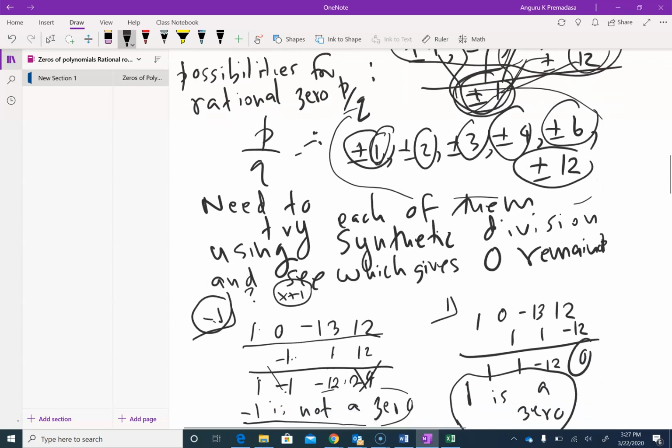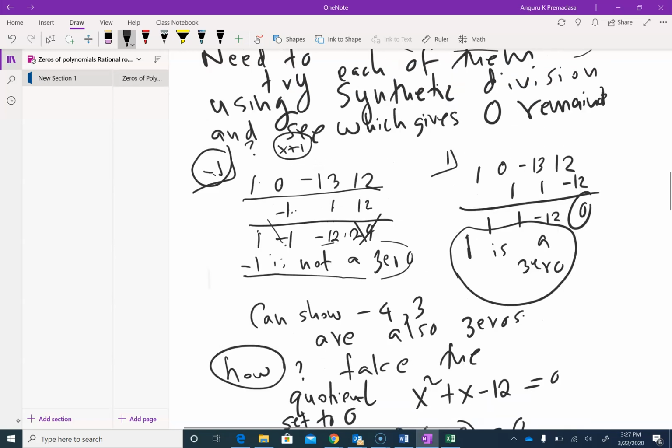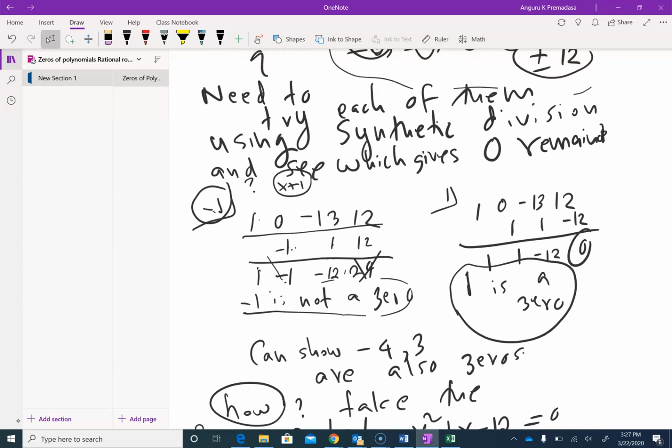Let's take another possibility, positive 1. Again, the first row is the same: 1, 0, negative 13, 12. We are just trying to see whether it's a root. That means we are trying to see, when you divide by x minus 1, whether the remainder is 0. If it is 0, then it's a root. So 1 goes down, 1 times 1 is 1, 1 times 1 is 1.